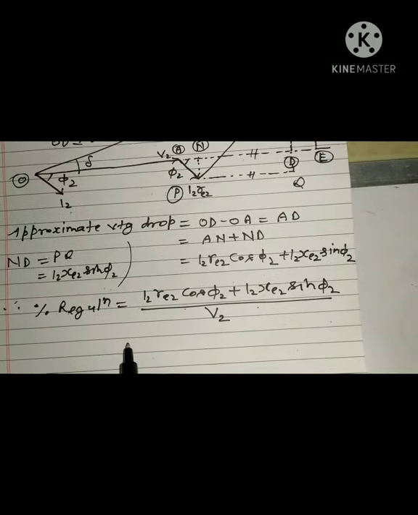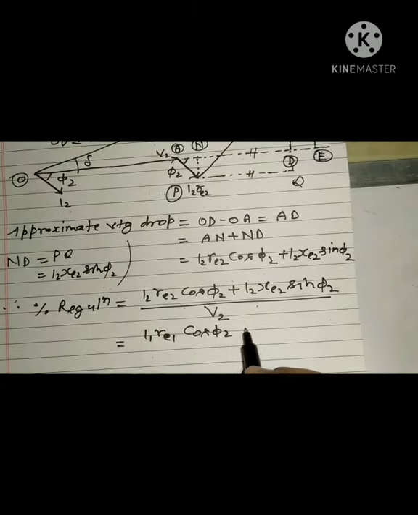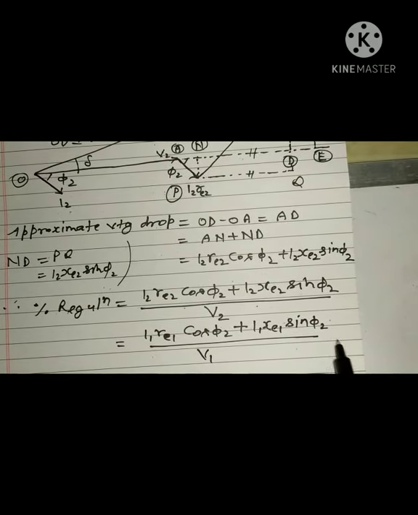And if the circuit is referred on the primary side, then it will be I1 RE1 cos phi 2, load power factor being cos phi 2 only, plus I1 XE1 sin phi 2 divided by V1, into 100.